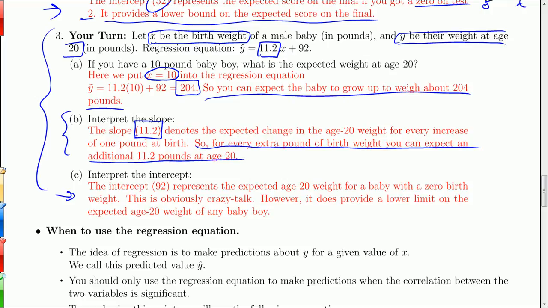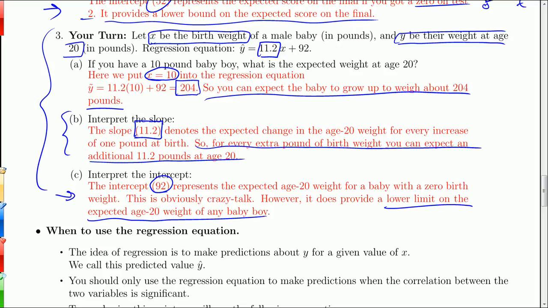Interpret the intercept. This is a very strange value indeed. 92, technically, represents the expected weight of a 20-year-old if his birth weight was 0. So obviously that's crazy talk, right? But it does certainly provide a lower limit on the expected age 20 weight of any baby boy.